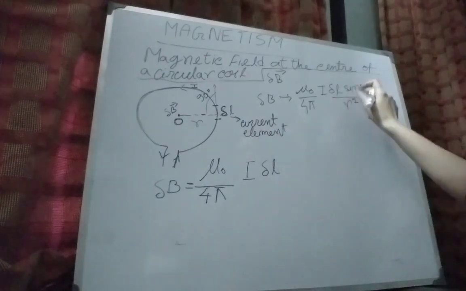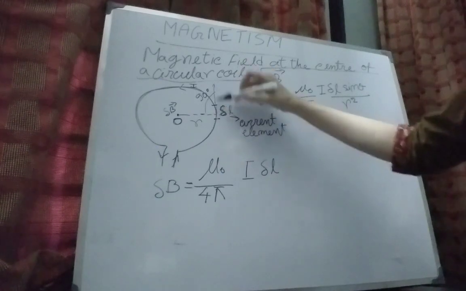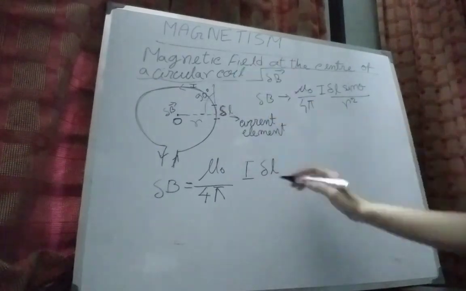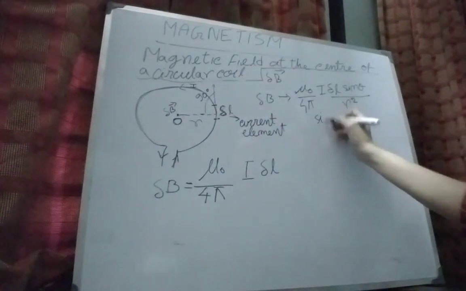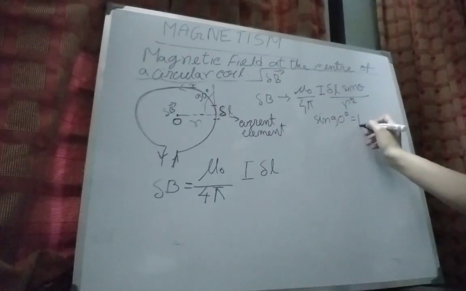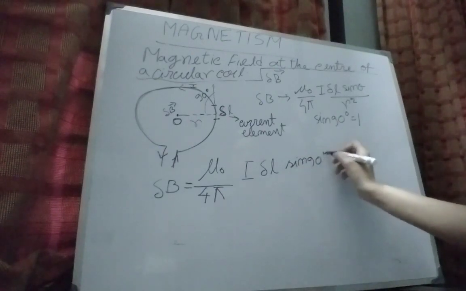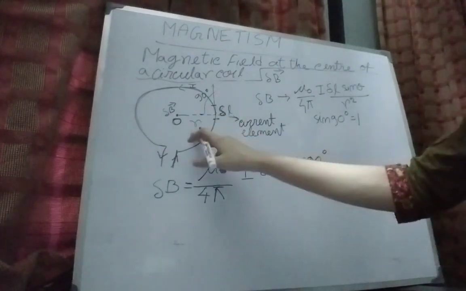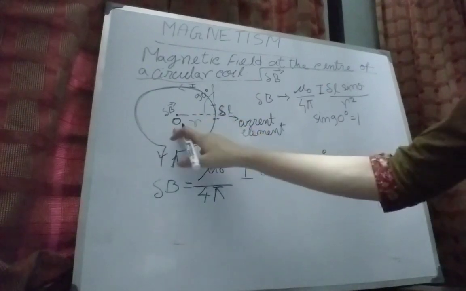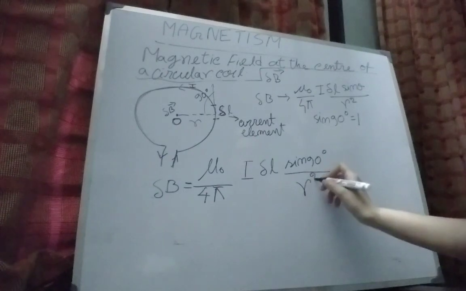and here in case of sin theta we can see that theta is of value 90 degrees. So, the value of sin 90 degrees is 1, and the distance between del L and center O is r, so it will be the square of r.